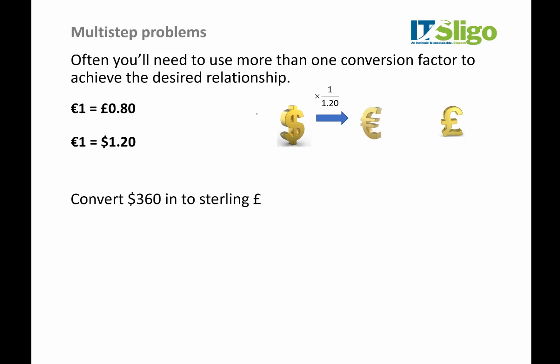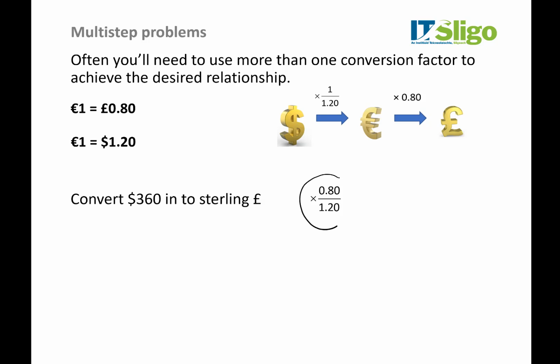Then the next step, guys, we want to go from euros into sterling. We're going with our conversion factor. So we multiply by 0.8. So now we actually just multiply these two together. Remember, top by top, bottom by bottom. The conversion factor, guys, to go from $1 into euros is this much.